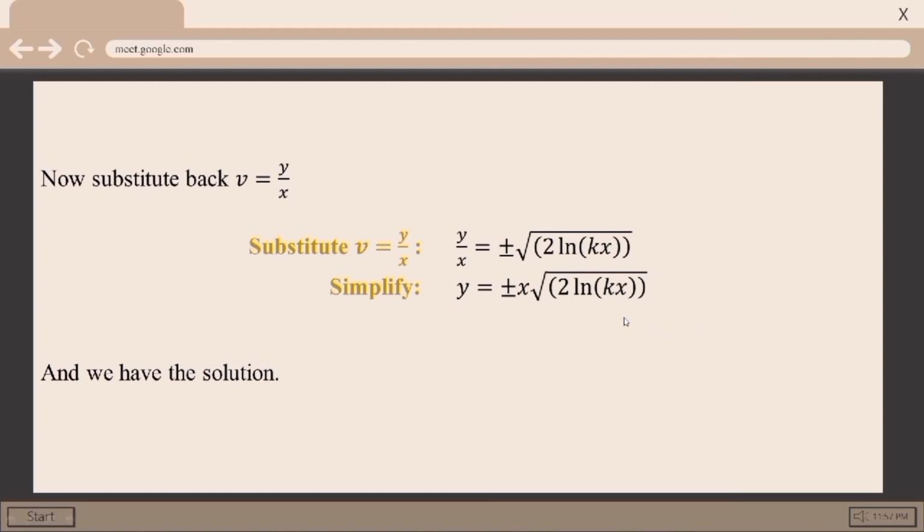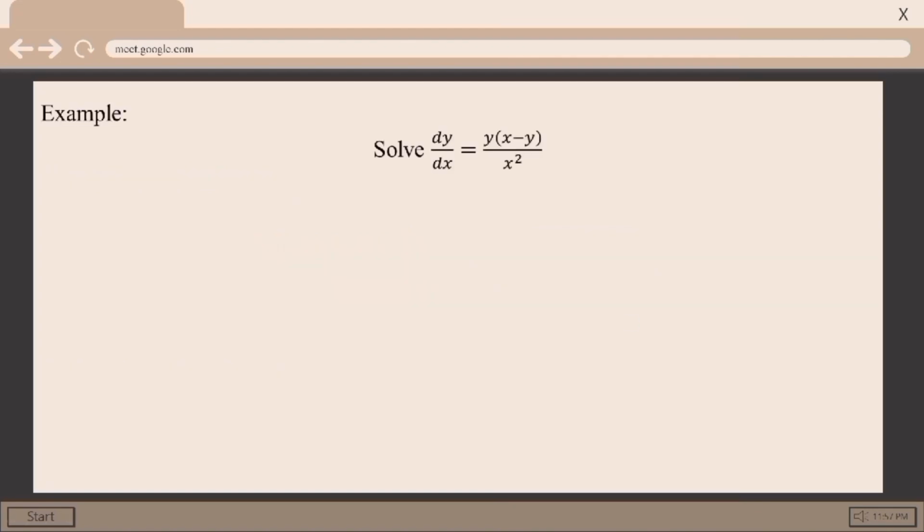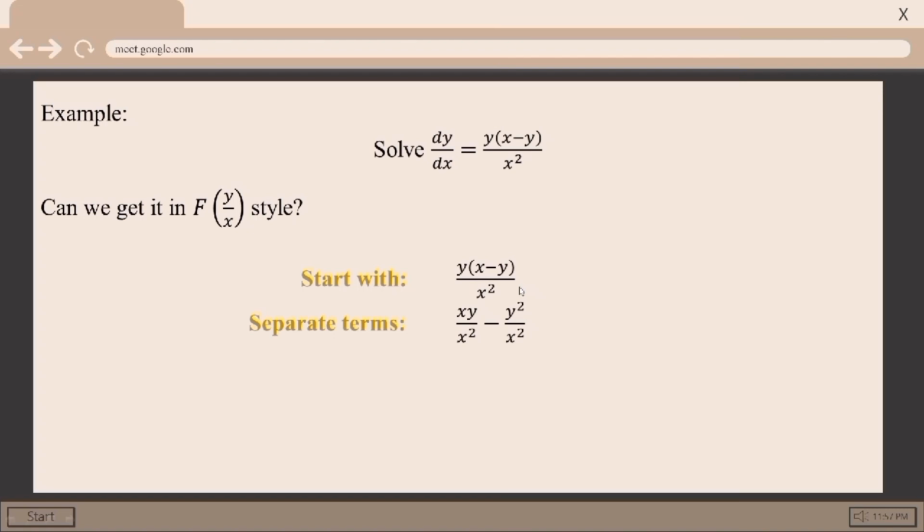All right. So now we will be giving you another example. Solve dy over dx equals y times x minus y over x squared. Can we get it in the f of y over x style? So we have the given. Then the second step is to separate the terms.